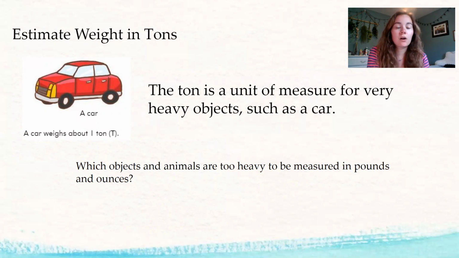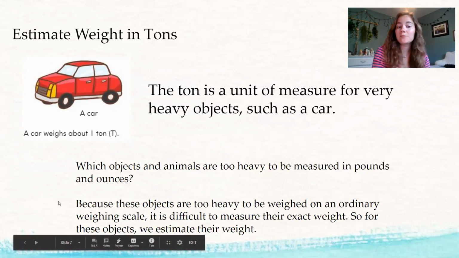So a car, we know. See if you can think of anything else that you think would be too heavy to measure in pounds and ounces. I know that my house would be too heavy for pounds and ounces, so I would measure my house in tons.